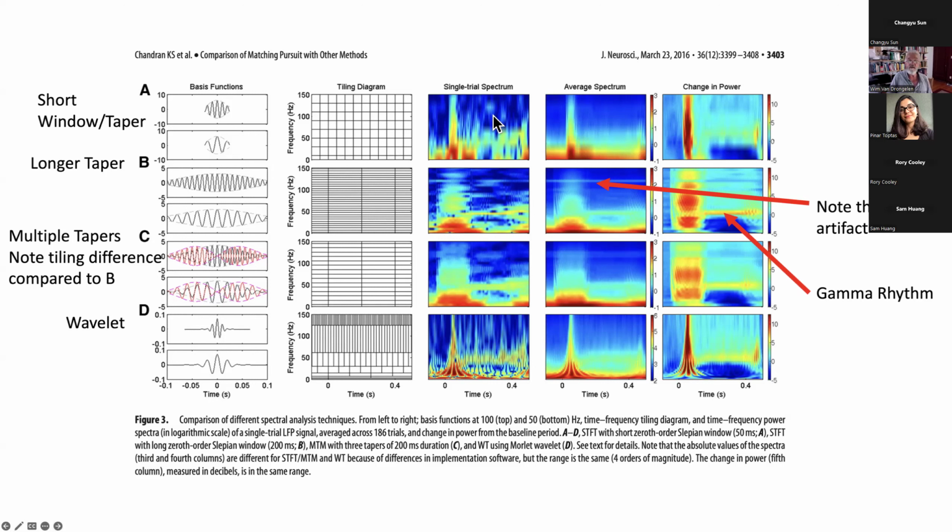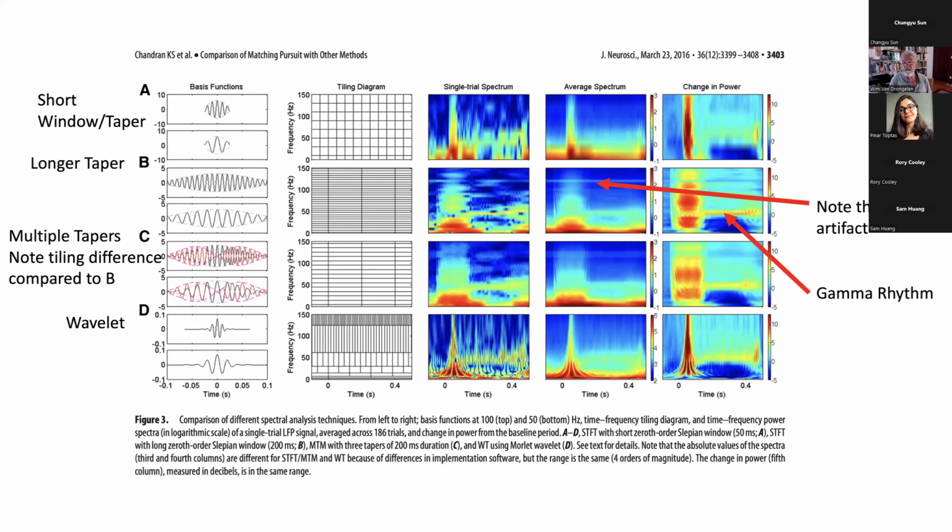And here you see the color-coded versions of this whole thing, and you can see the advantages, disadvantages. You can see, for instance, in the wavelet transform, certainly in the average, where the low frequencies occur and where the higher frequencies occur. That's, for instance, in this difference plot, very clear. On the other hand, this one does a pretty decent job, the longer taper.